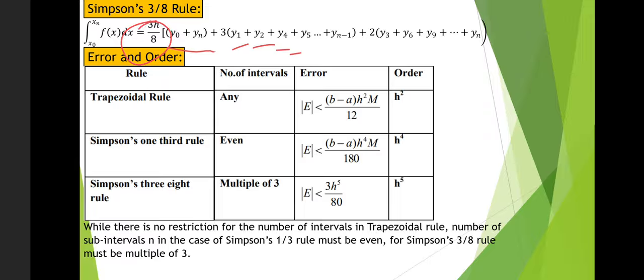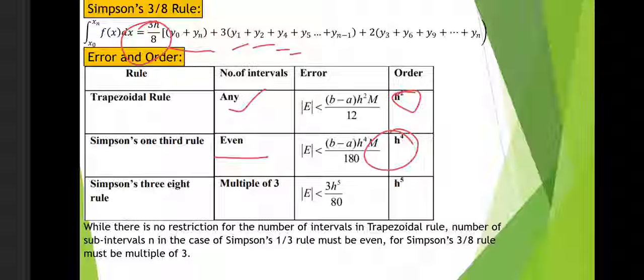Now let us see the error and order of the different methods. The table compares the three methods. In the trapezoidal rule, we can use any number of intervals and its order is h squared. In Simpson's one-third rule, the number of intervals must be even and its order is h power 4.